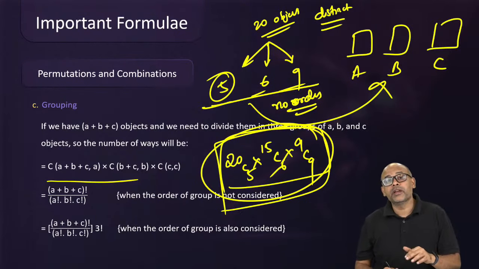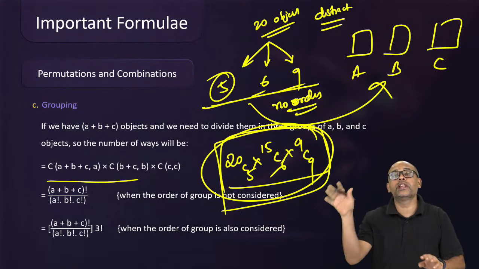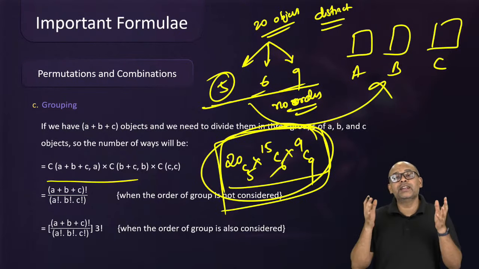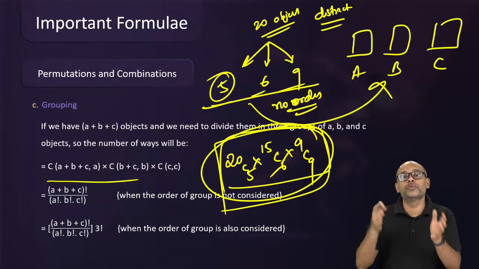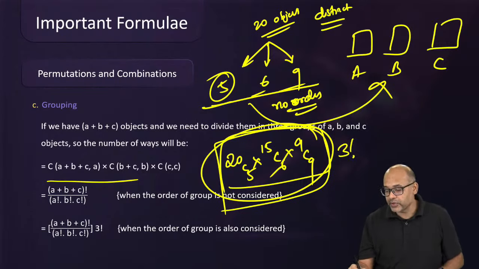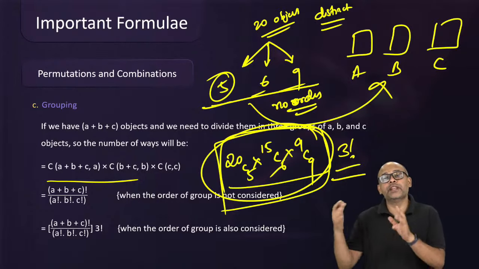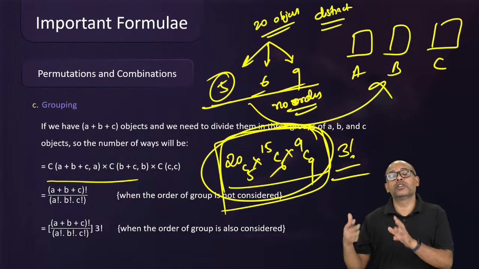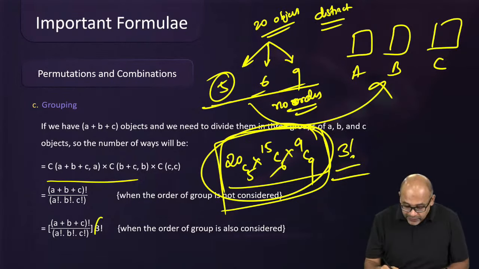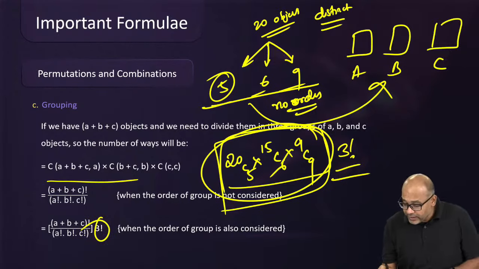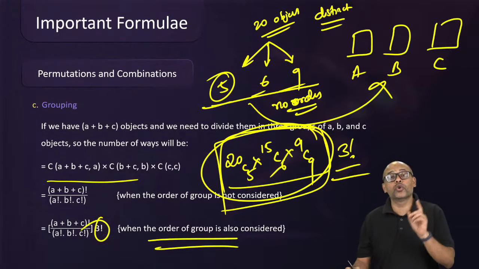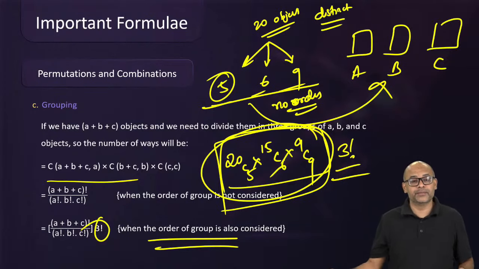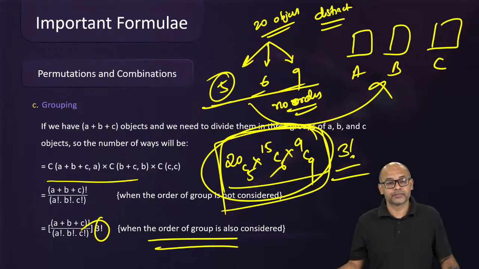But after forming, there are 3 groups going into 3 classrooms. How many ways can I send 3 groups into 3 classrooms? That is 3 factorial, arranging 3 things into 3 classrooms. That is where this extra factorial comes in, when the group order or the group naming is also considered. Clear? Right? Let's move on.